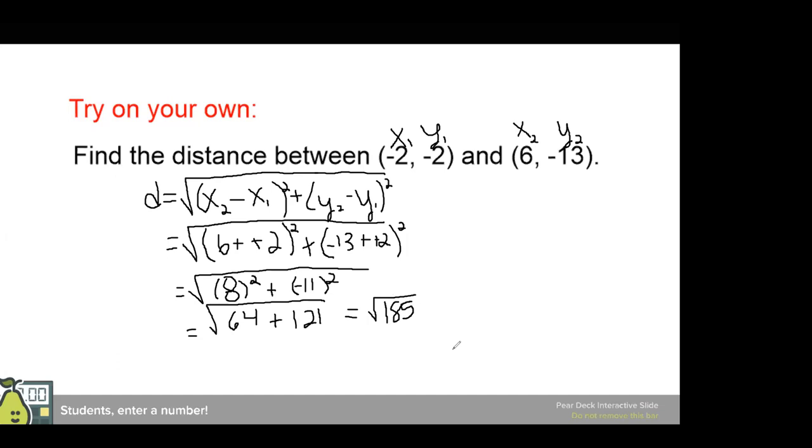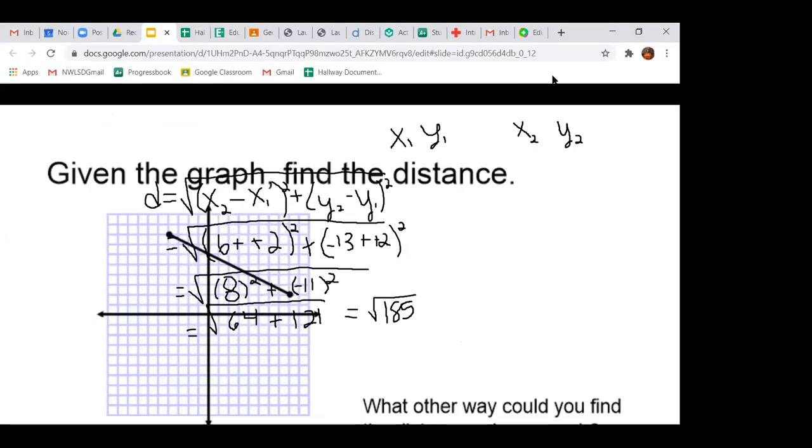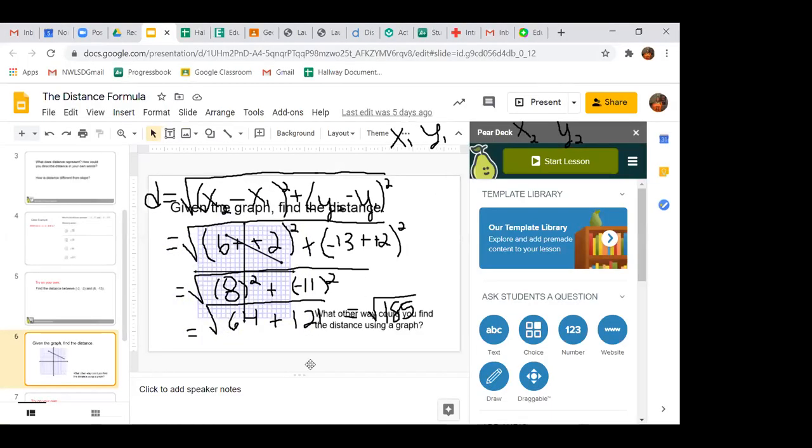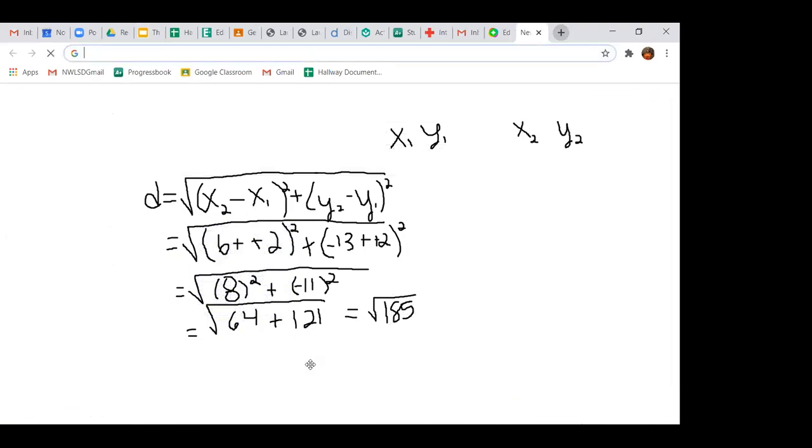What can we use? Square root. Yeah, a calculator. Yeah, absolutely. So I'm gonna see if I can exit out of here and get a calculator. I'm gonna pull up Desmos real quick.